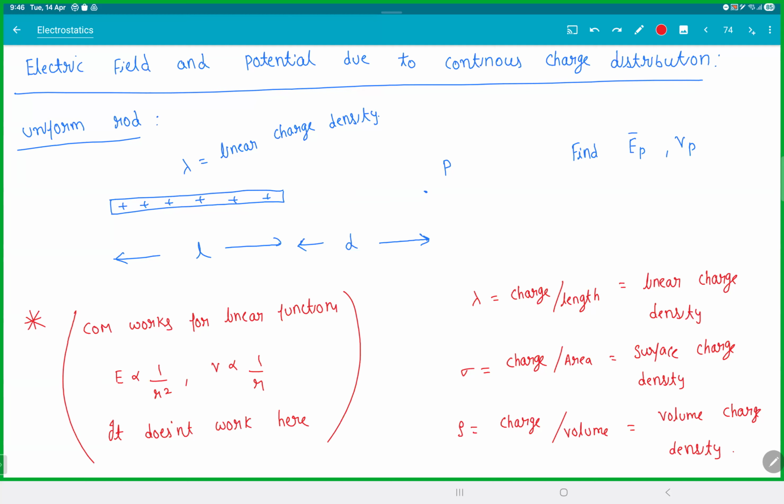We have a rod, and at a distance d from the edge of the rod there is a point P. Find the field and the potential due to this rod. Okay, let's say I'll show you one.